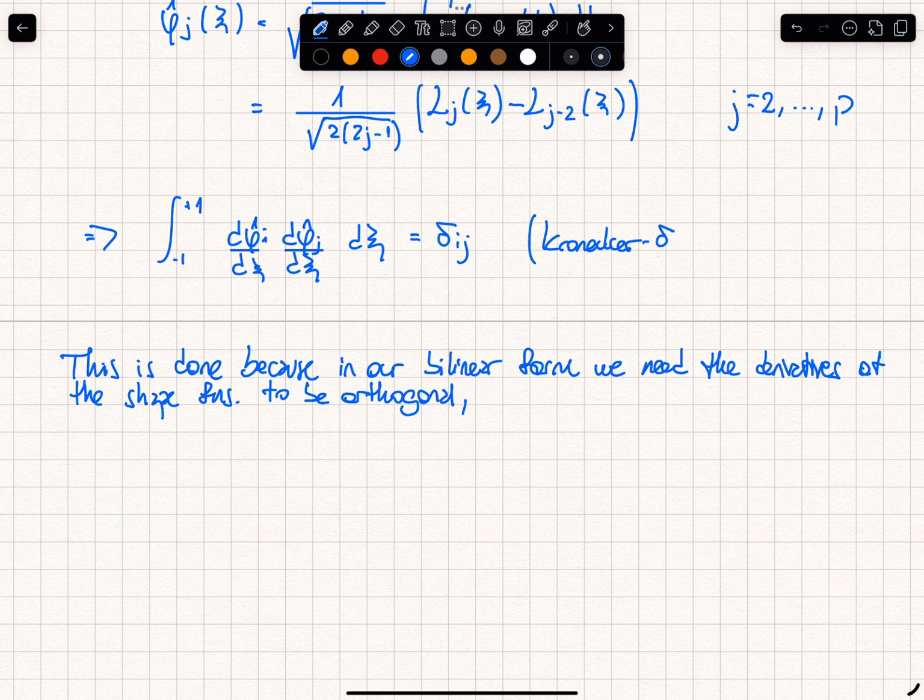So basically, the derivatives of these functions are the Legendre polynomials that are orthogonal. Okay? That is how this function is defined.